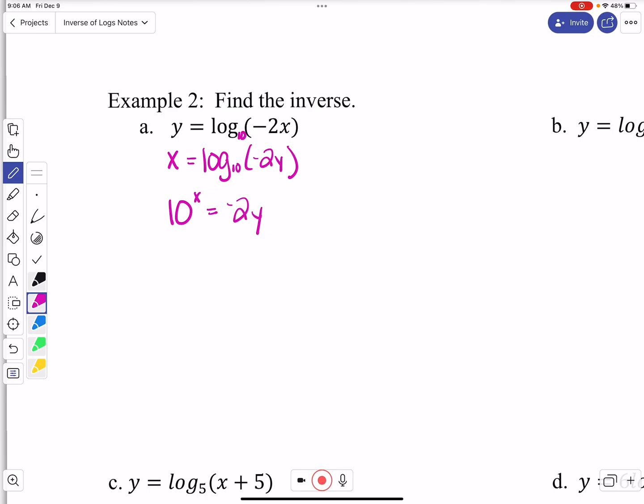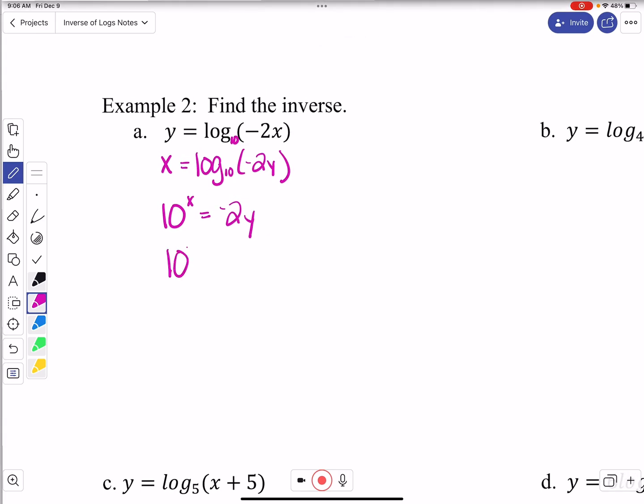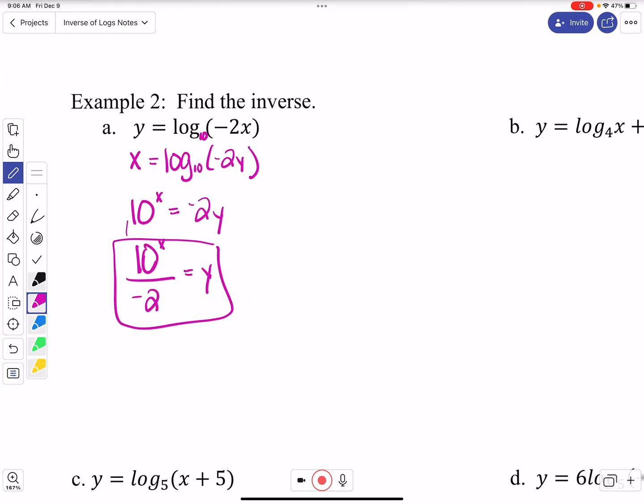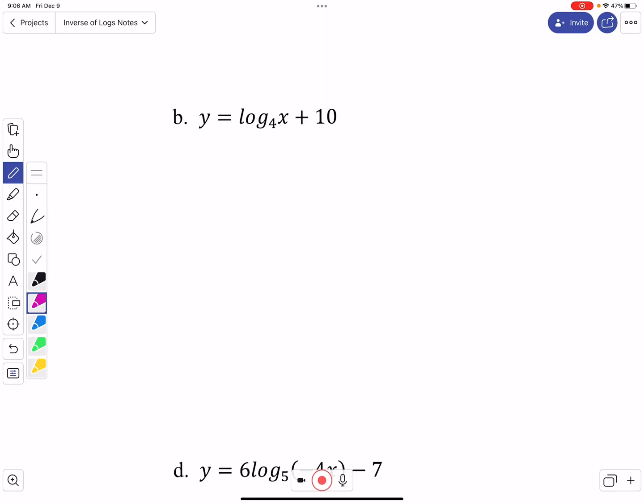And if I solve, I'm just going to divide by the 2. I didn't mean to put a negative there. And that's my answer. Now, this one was the same problem that was on the front, so I'm not going to check it because we've already checked it, but I was just showing you how we're just reversing our steps.